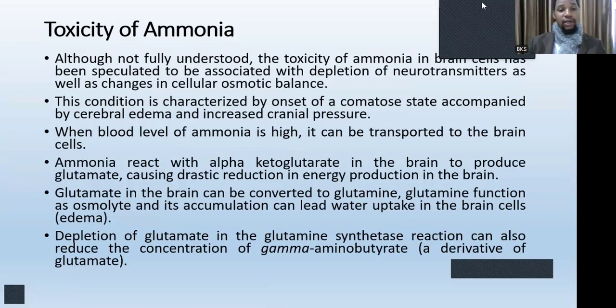That's number one. So this causes low energy production. The second one is that ammonium can react with glutamate by the glutamine synthesis reaction. The glutamine synthesis reaction requires energy, so a high amount of energy will also be consumed, and that also reduces the energy.